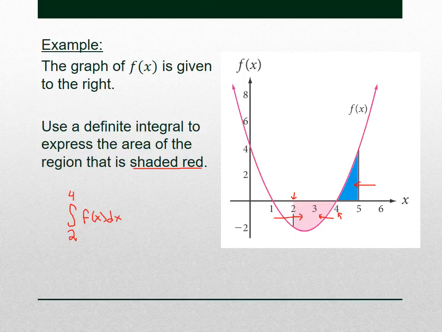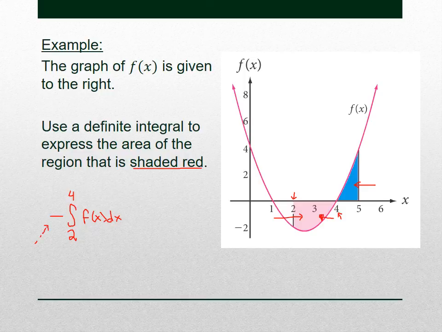But because the graph is below the x-axis from 2 to 4, this integral is going to spit out a negative number. And since we don't want area to be negative, if I want the actual area of that region shaded red, I need to force it to be positive by sticking a negative sign out in the front of this definite integral.